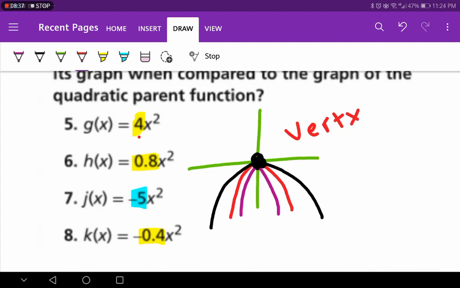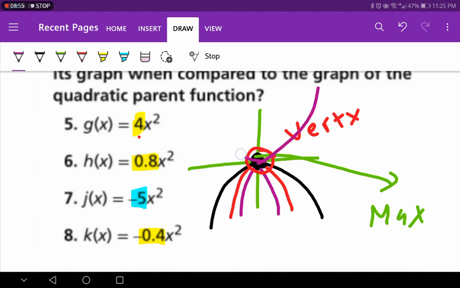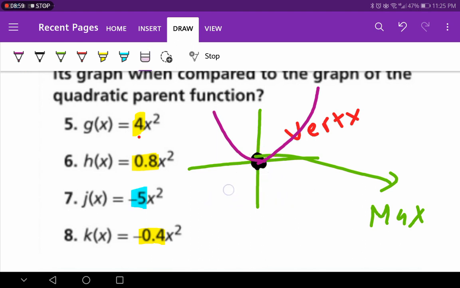If the graph is downward, it will have a maximum value here, so the maximum value will be at 0, 0. And if it is positive, it will be like this, and the vertex will be the minimum value.